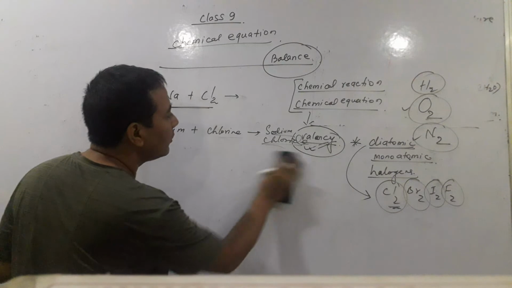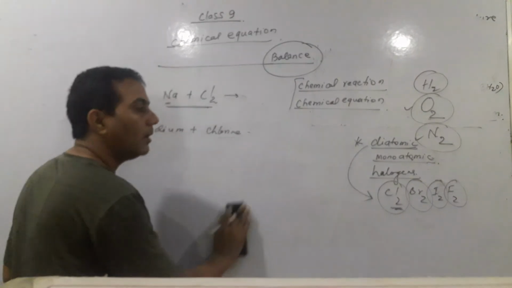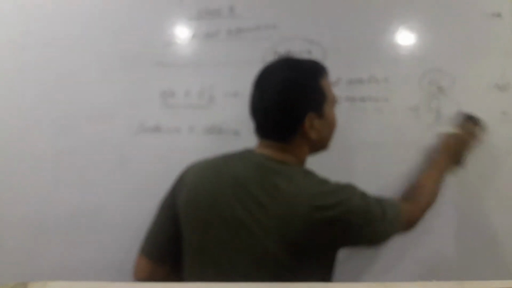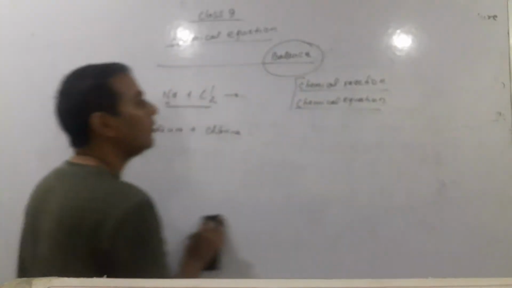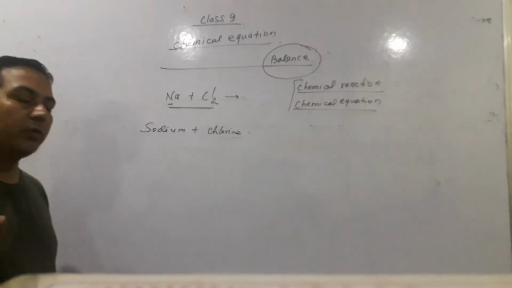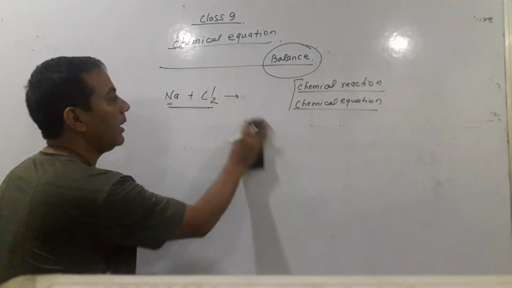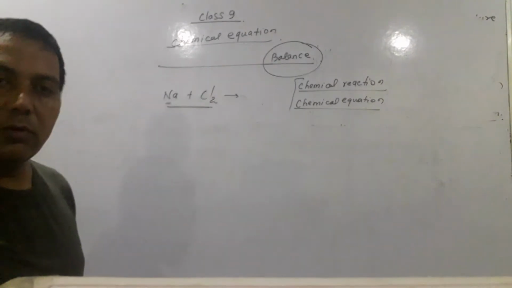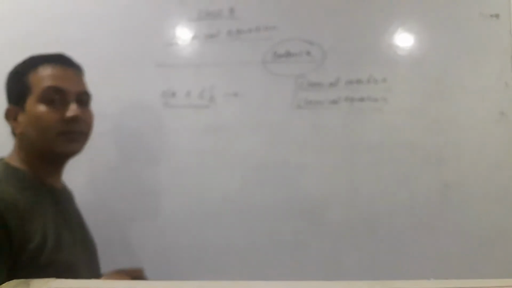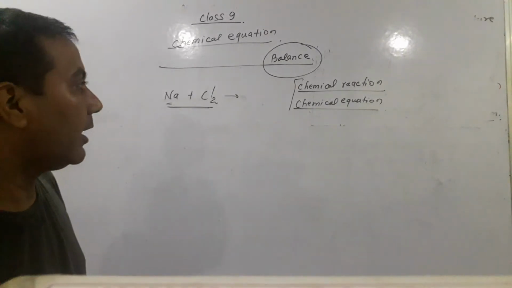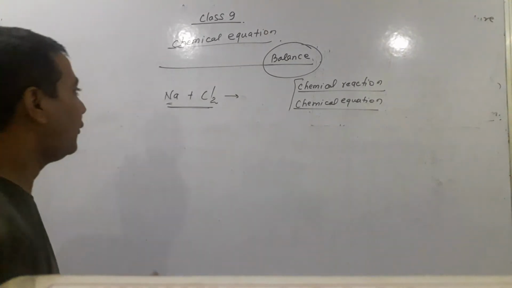So you should know the valency of the atoms and the diatomic or monoatomic form. That should be known to you. So you go through that one deeply. Then after that you can easily balance the chemical equations, or you can easily write the chemical reaction.